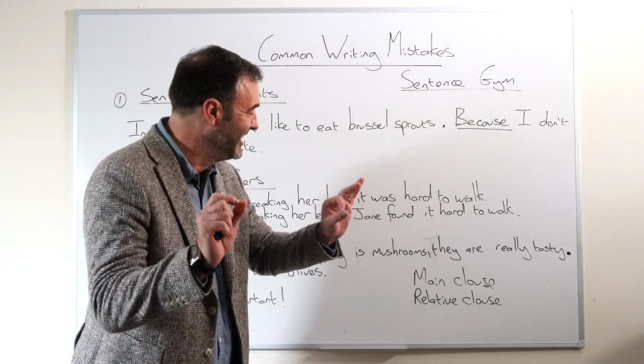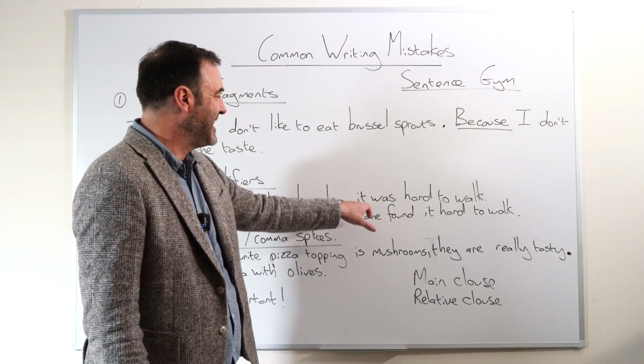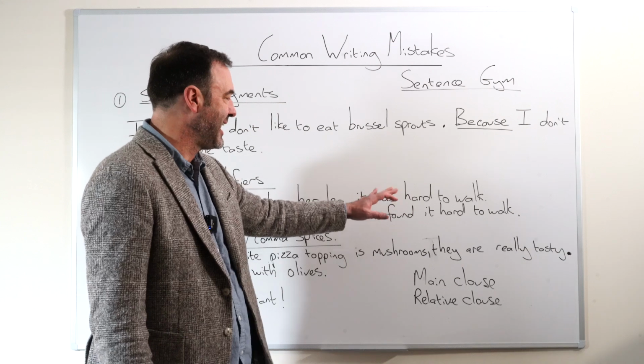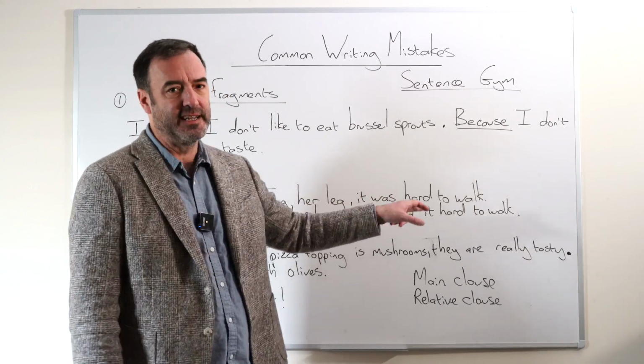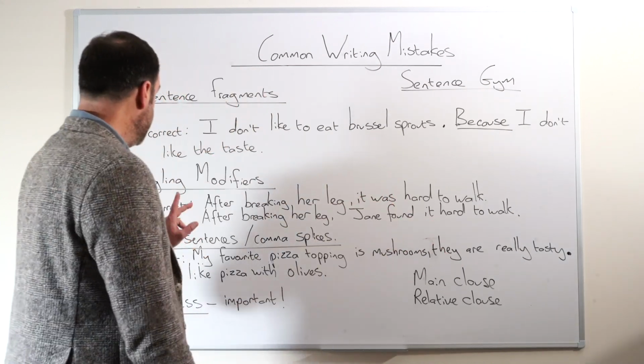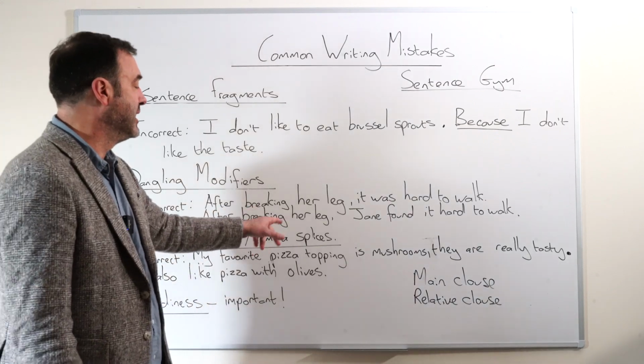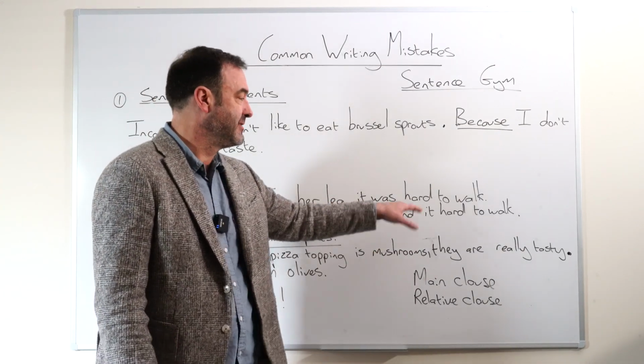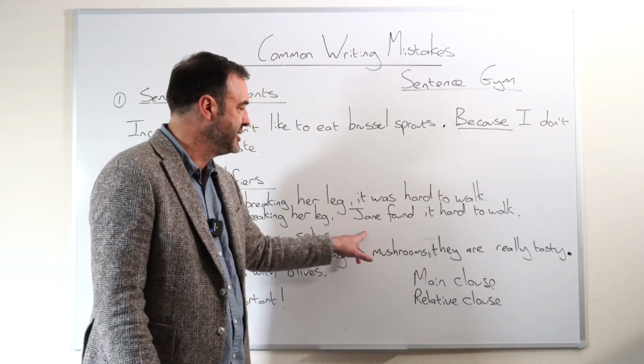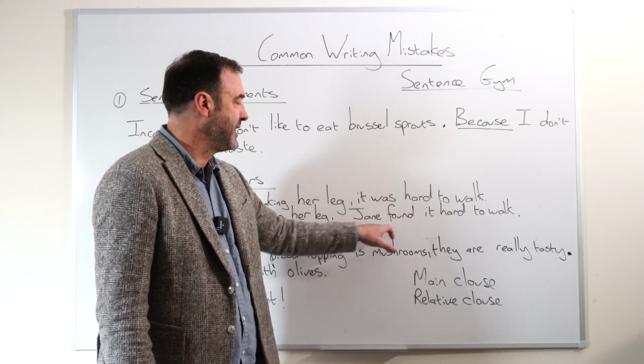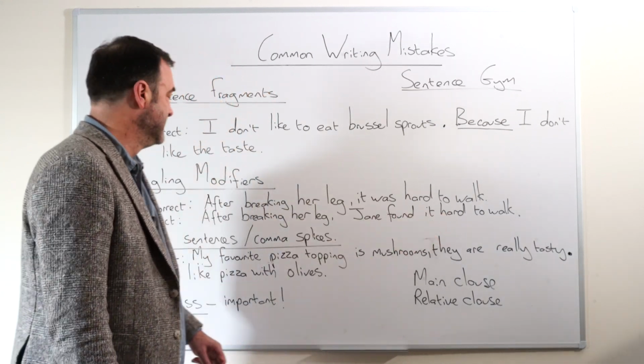But technically, there's nothing clarified here. It could be the leg that's finding it hard to walk, so actually it's incorrect. It's really this: After breaking her leg, comma, Jane found it hard to walk. So it's just a bit of clarification here, clarification about what's being modified.